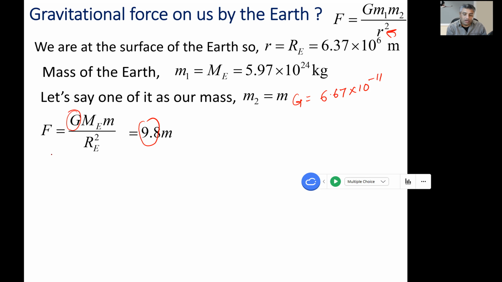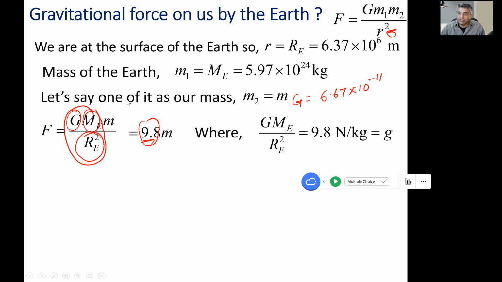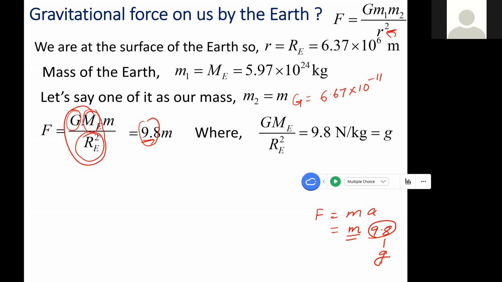The product of that uppercase G and the mass of the earth, divided by the square of the radius, is 9.8. And that's what we've been calling lowercase g, acceleration due to gravity. Remember, force is mass times acceleration. And in this case, acceleration is 9.8. And we've been calling that 9.8 g. That's what that is.